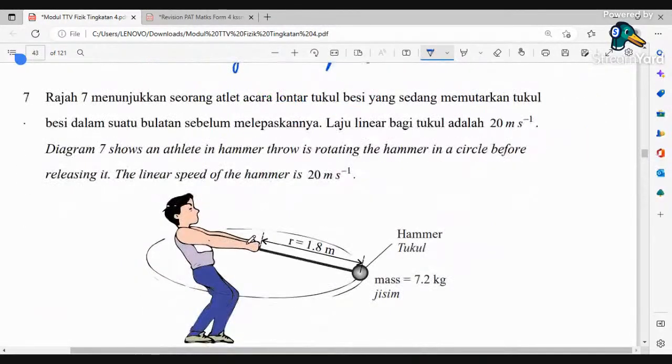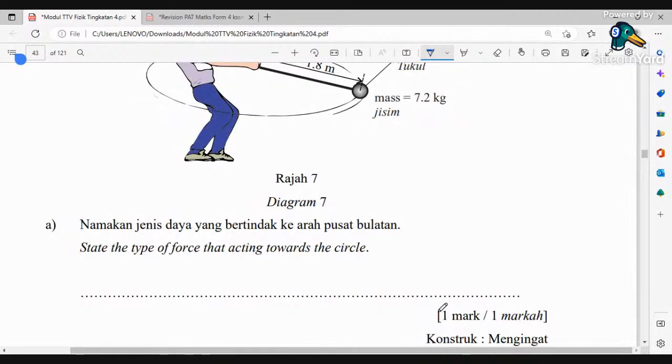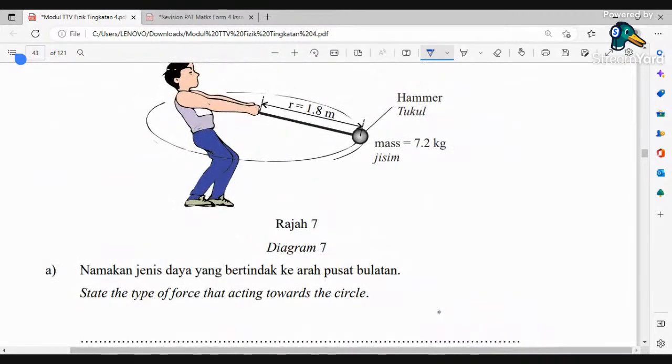Okay, number 7. The diagram shows an athlete in hammer throw rotating the hammer in a circle before releasing it. The linear speed of the hammer is 20. Name the type of force acting towards the center of the circle. This is the same, because it is moving in a circle, there is centripetal force.